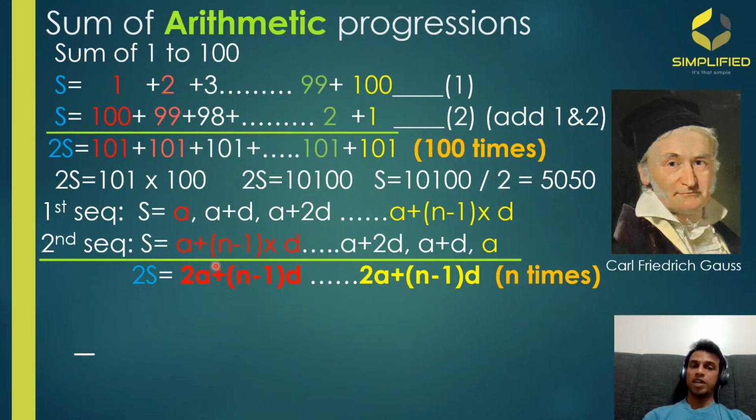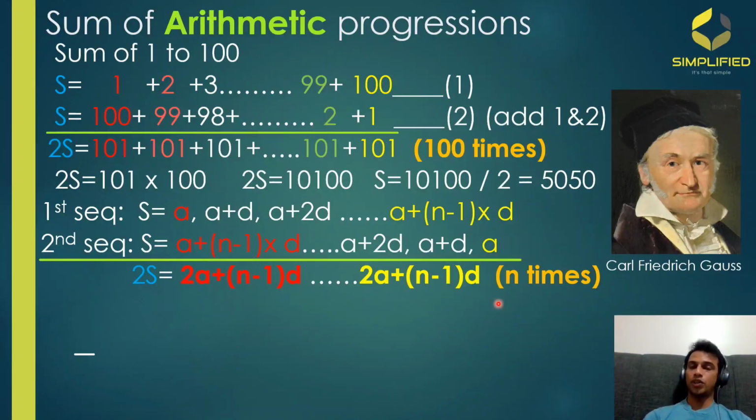A plus n minus 1 into d, you'll be getting it as 2a plus n minus 1 into d. Here also I'm representing each and every pair with different colors. And the last pair also you'll get exactly the same answer as here. So you can add a plus n minus 1 into d plus a, which is 2a plus n minus 1 into d. So in short, this 2a plus n minus 1 into d is repeating n times. Here it was 100, but in this case it is repeating n times.